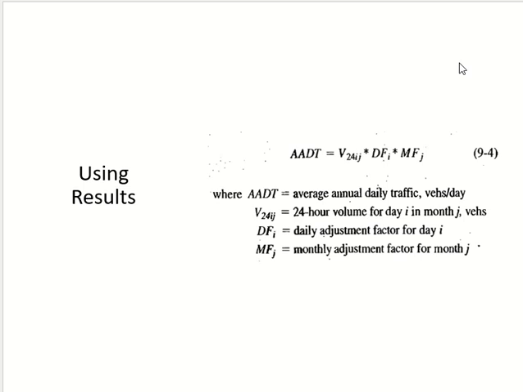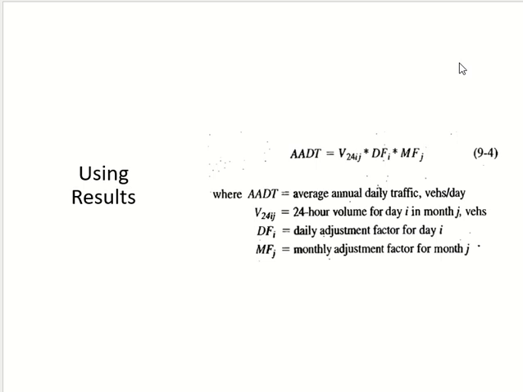So for example, you have the count of one day. V24 means a count of one day. You know which day of the week it was, let's say it was Thursday, and you know in which month the count was taken, let's say October.